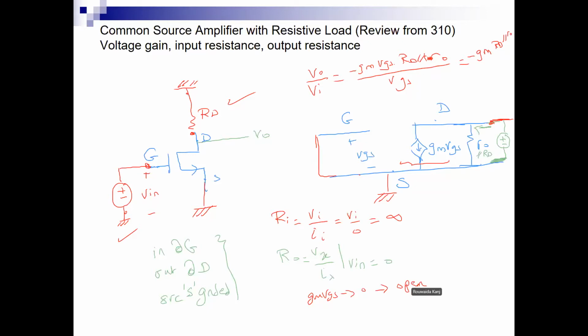So we will get rid of this one here. So this becomes 0. So what is the resistance seen by Vx in green? RO in parallel with the RD. Exactly. So this becomes equal to little RO parallel to RD.